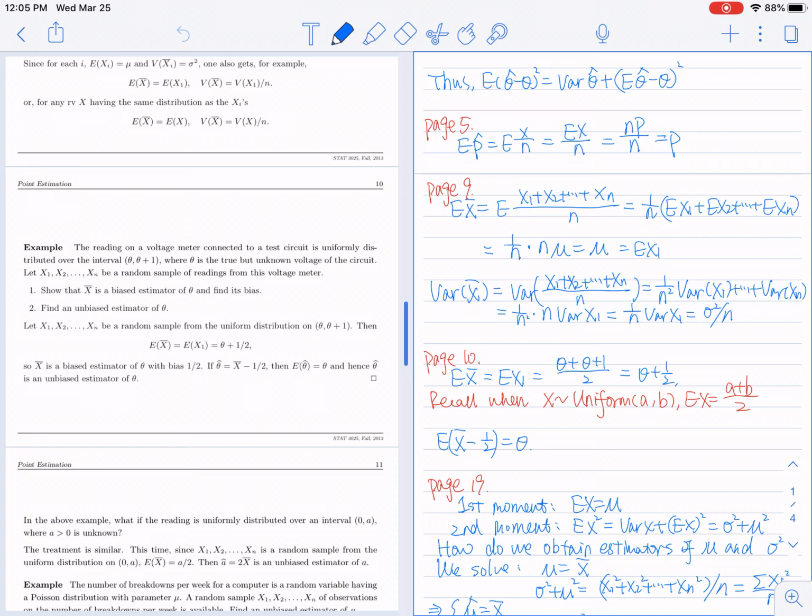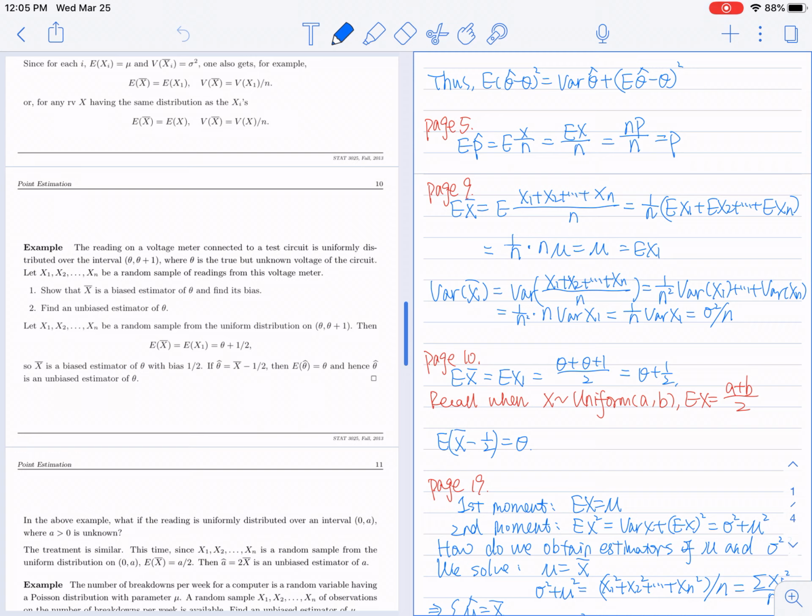its bias. And if we recall, if x follows a uniform distribution with parameter a, b, then the expected value of x will be the average of a and b. And as in this question, our a is theta and our b is theta plus 1.